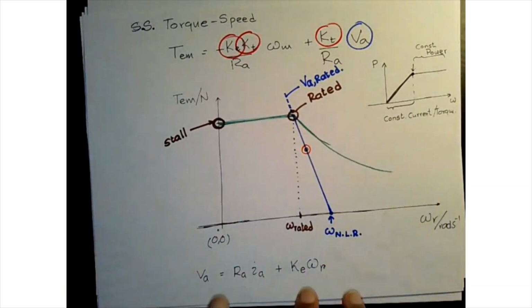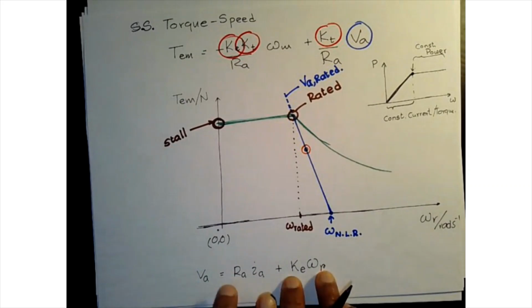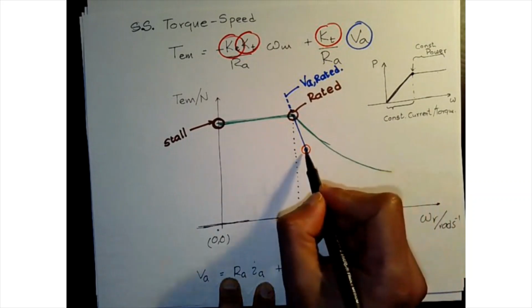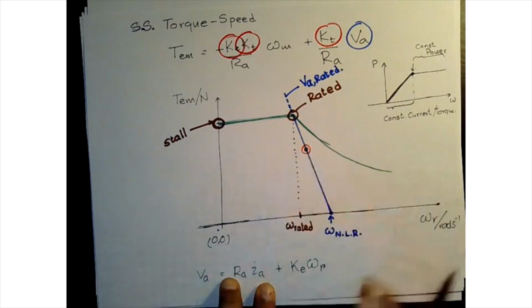You have two voltage drops here, back EMF and resistive drop. So what you're trying to do here is sacrifice torque to achieve more speed.